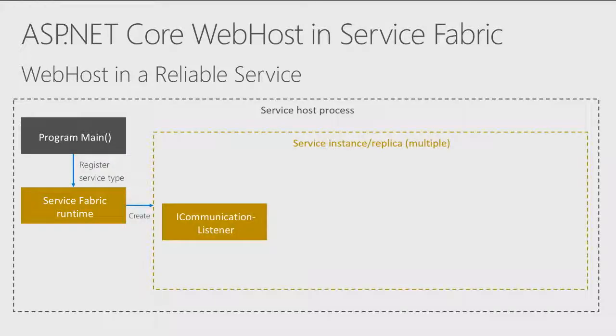And what that does is that when you create a new instance of your service, or services need to be moved around for any reason, the Service Fabric runtime will then create those instances of that service in the process host. It's essentially saying, I'm allowing these types of services to run in this process. So obviously we can't do both ASP.NET Core and Service Fabric registration in the host process because the life cycles are a little bit different.